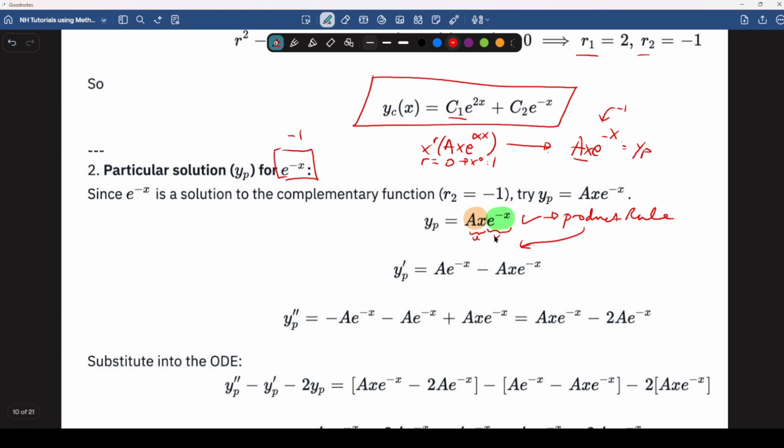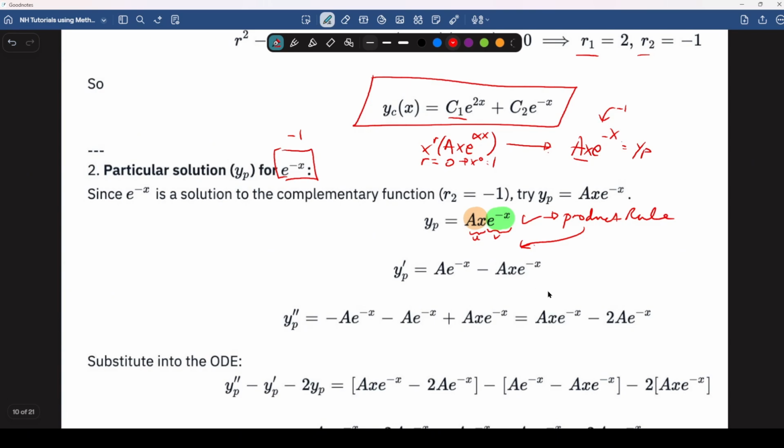Therefore the first derivative will be a times the derivative of x, which is 1, times e to the power of negative x, plus the derivative of the second, which is negative 1 times x times e to the power of negative x. That's why we have a negative sign here, because of the negative 1 from the exponent. So this is the first derivative after using the product rule.